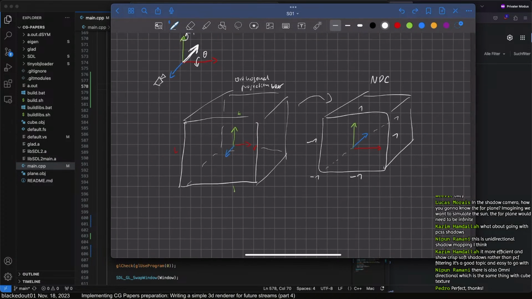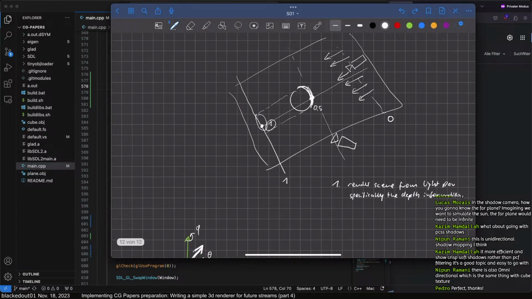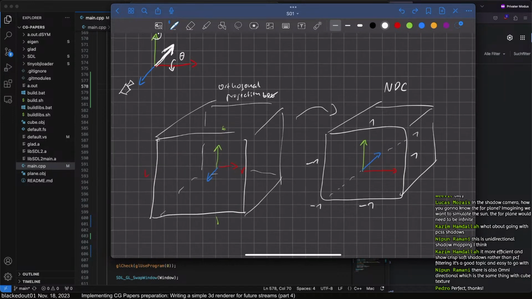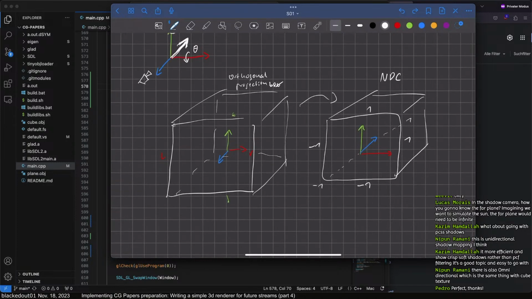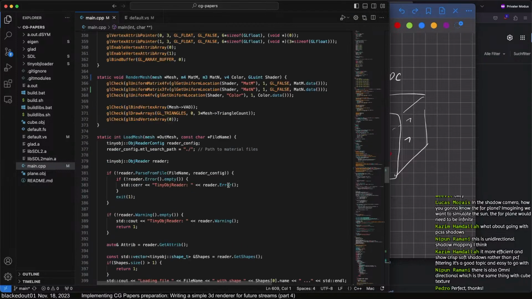And yeah, if we wanted to have a point light source, like from a point, then we would probably want to use a perspective projection matrix. So not orthogonal, but perspective projection. But I want to use parallel light rays, so I want to use orthogonal projection, which actually we haven't implemented.